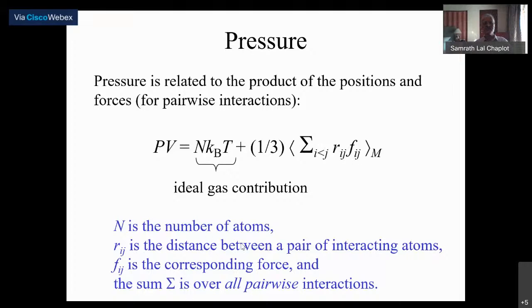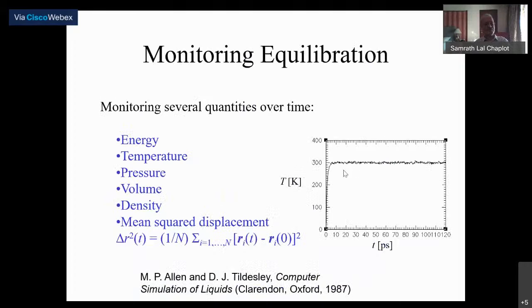So r is the distance vector, F_ij is the corresponding force vector, N is the number of atoms summed over, and so you can calculate the net pressure. There's a slightly more involved expression for the stress, but that can also be calculated.